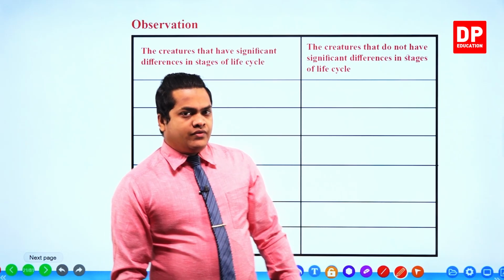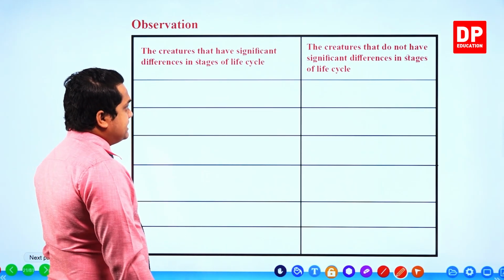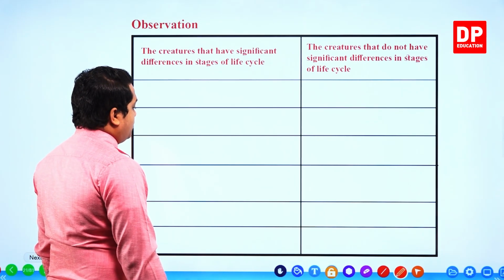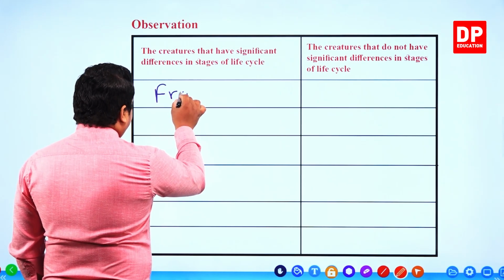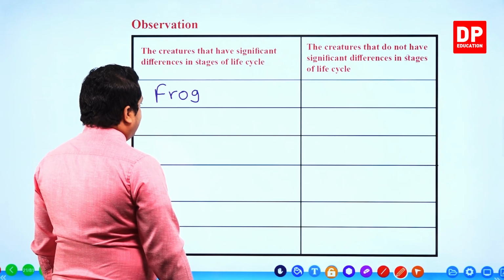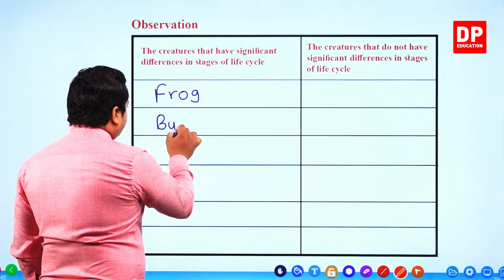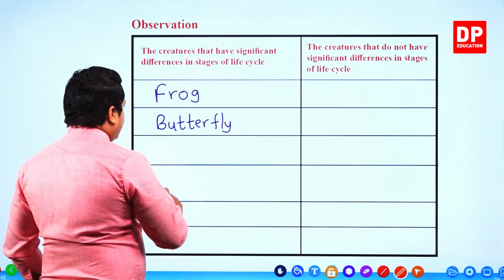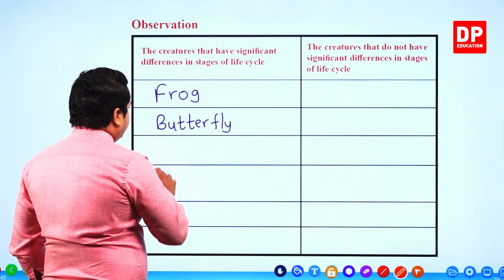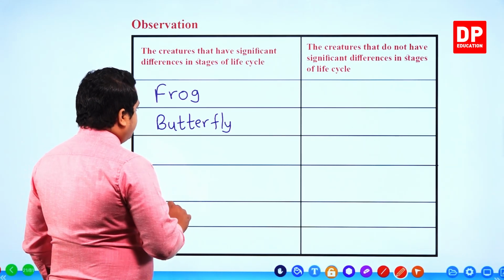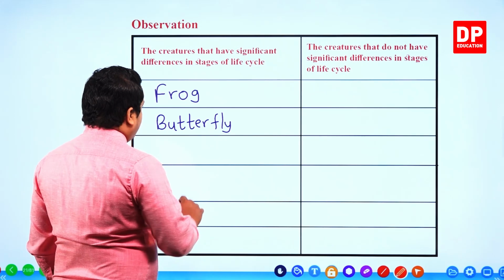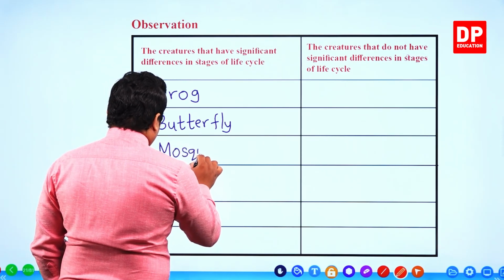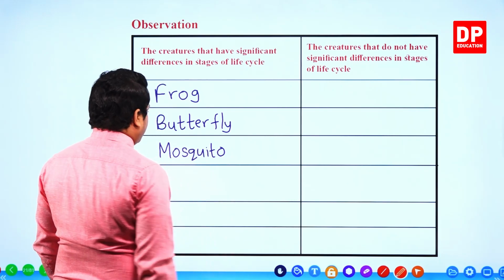Okay. So we'll see who are the organisms that have significant changes within the life cycles. Frog is a good example. Frog. Then butterfly. Then my dear children, frog, butterfly. Then we could observe significant changes within the mosquito.